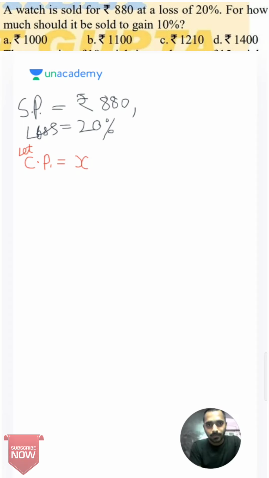So the cost price, the cost price of 80%, means 80 by 100, is equal to SP. SP means selling price. So put the values.